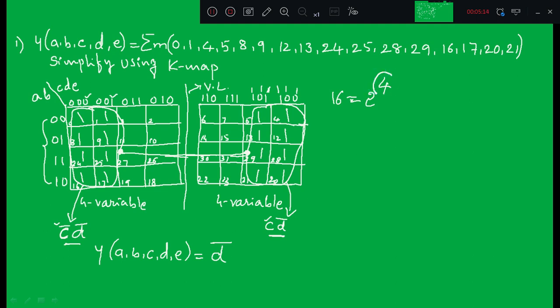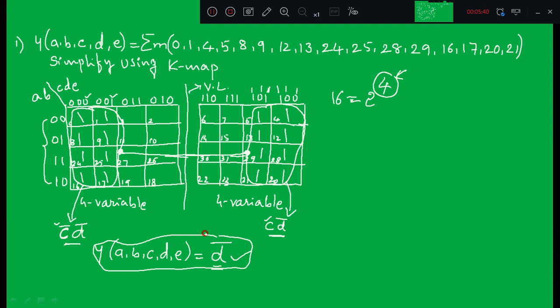That means 4 variables are going to be eliminated, right? You can find that in the final expression: a, b, c and e, those 4 variables got eliminated, and the only term remaining here is d bar. So I hope this example is clear to you, right?